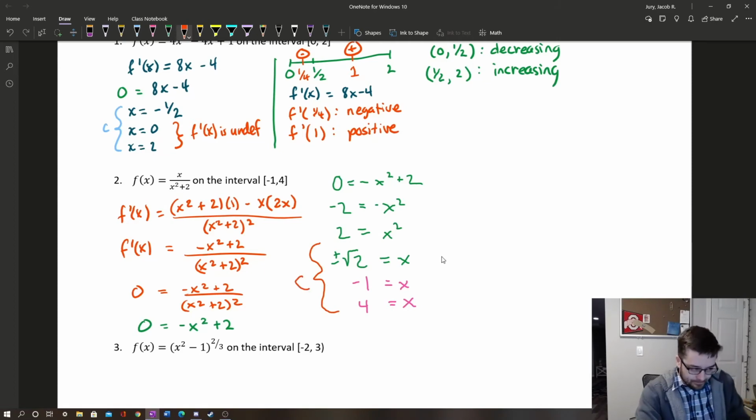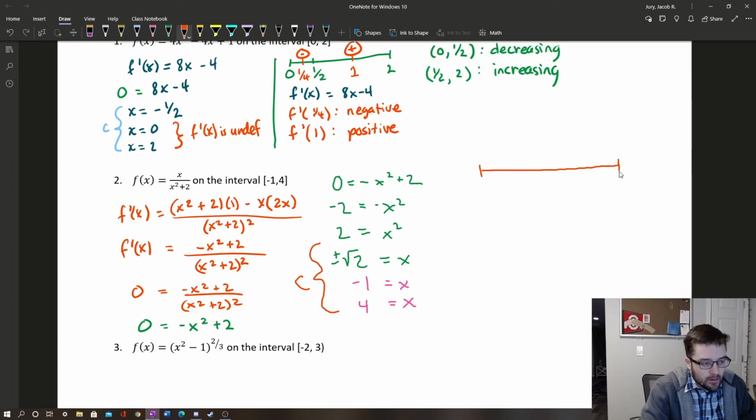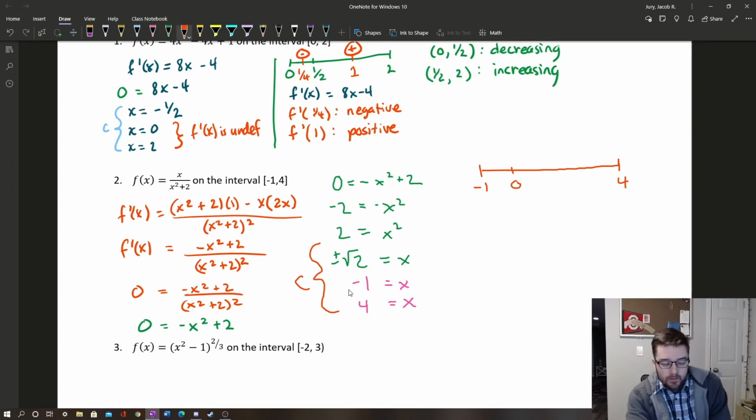So this has already got a little bit more flair to it, but let's check out the interval that we'll be working on. So we've got negative 1, 4, and then now we have to decide where does positive or negative radical 2 fit into the mix? Put 0 in there.